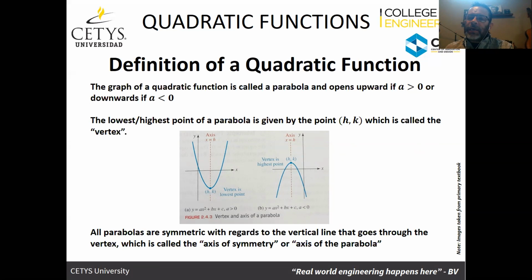The parabola is always going to be symmetric with regards to an imaginary line that goes through the vertex. So if we were to draw an imaginary line that goes through the coordinate h comma k, the parabola is always going to be symmetrical to that line.